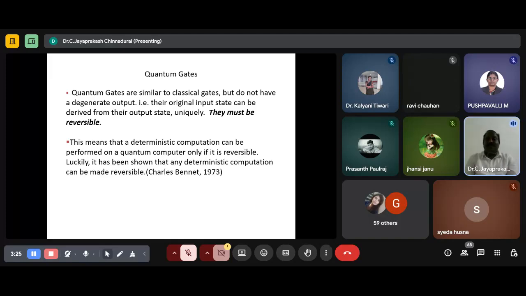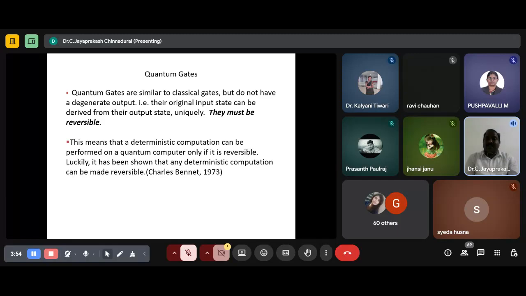Quantum gates are similar to classical gates only. In the last session, I also told you that in classical computing the output must remain the same, but when we go to quantum computing, the output is not the same. That's why we have probability.